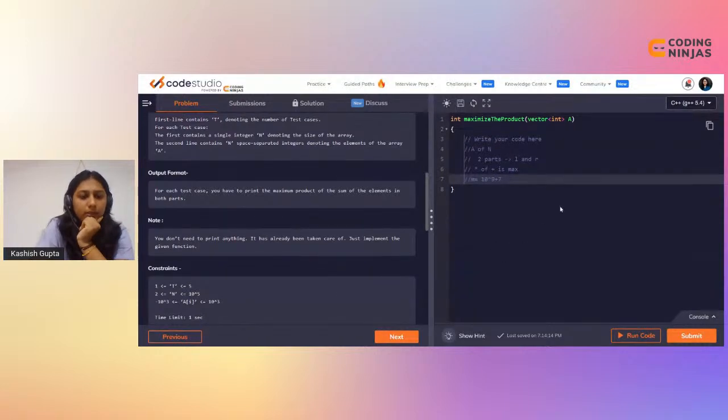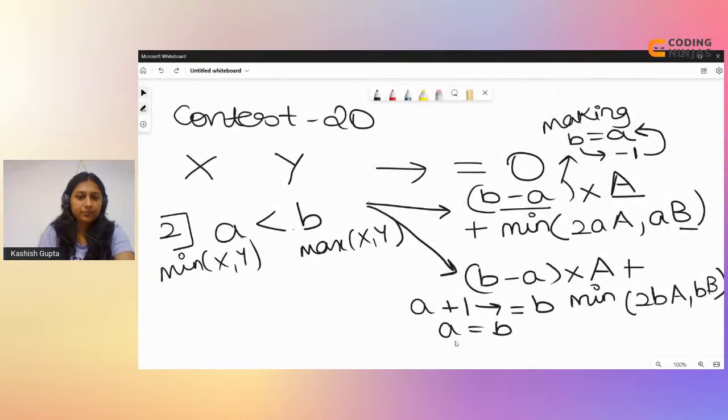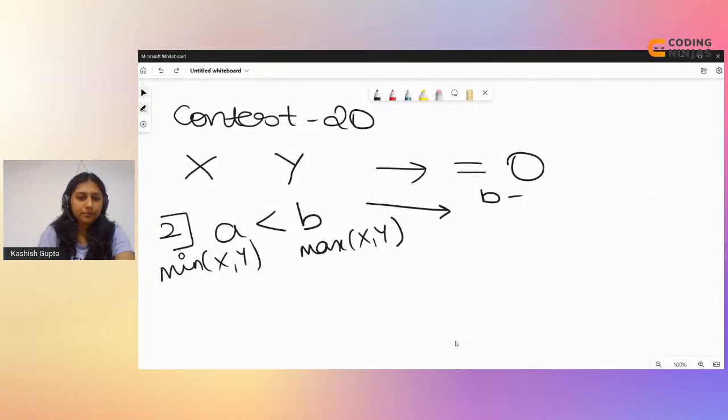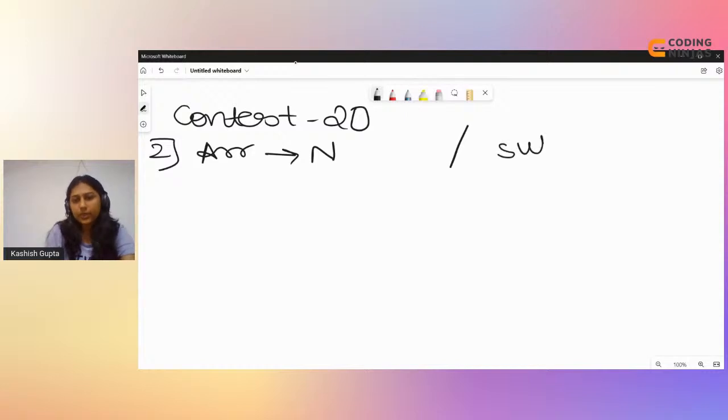So let's go to the whiteboard again and discuss what we can do in this one. So we have an array of size n. We have to divide it into exactly two parts. Those have to be sub arrays.